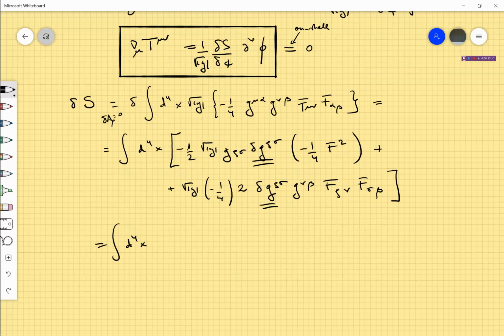So first I have a factor of square root of g, which is a common factor.